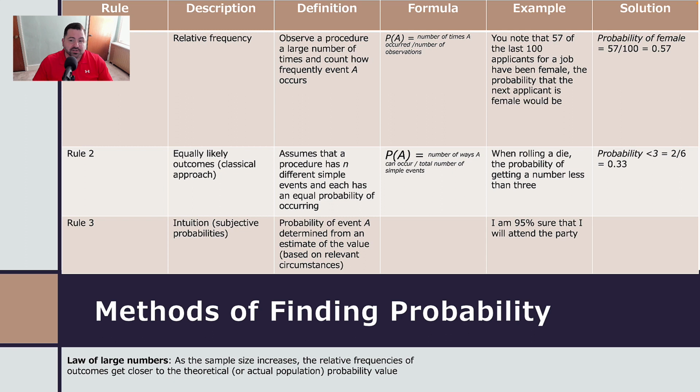So if I'm interested in the likelihood, if I roll a dice, that the number will be less than 3, I have to understand, well, there are 1 and 2 sides of the dice that could show up as the event of A out of 6 possible sides, right?